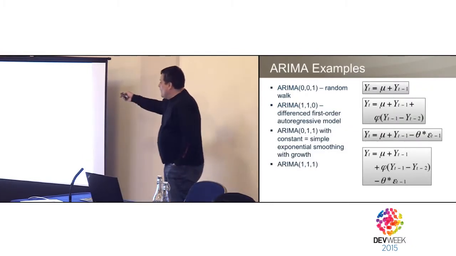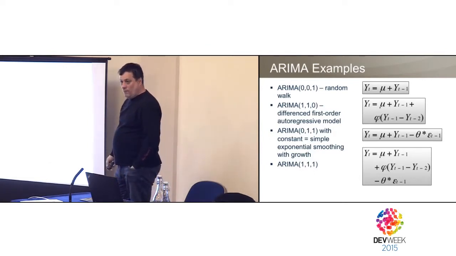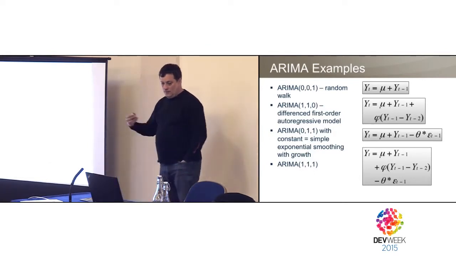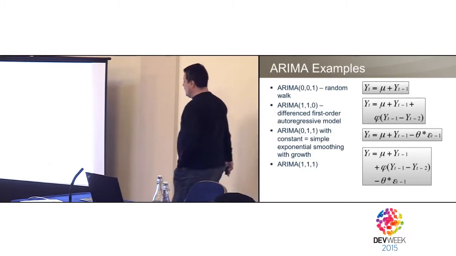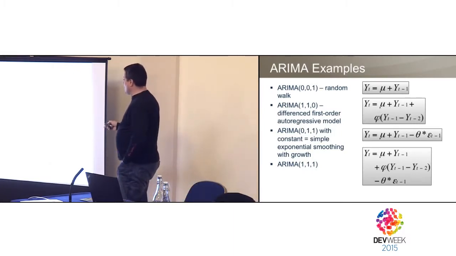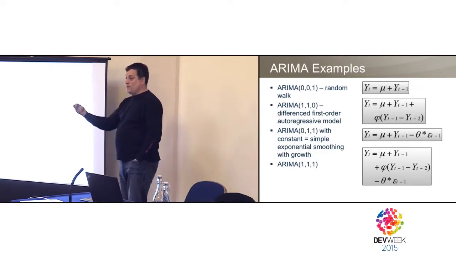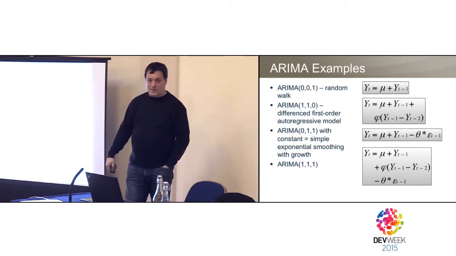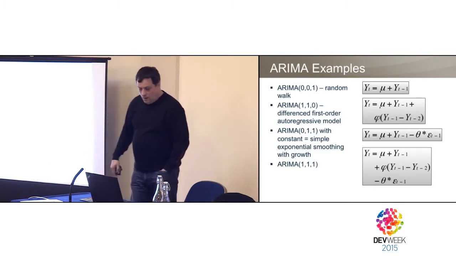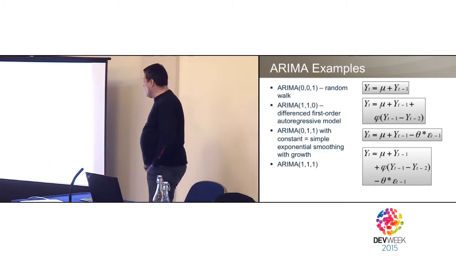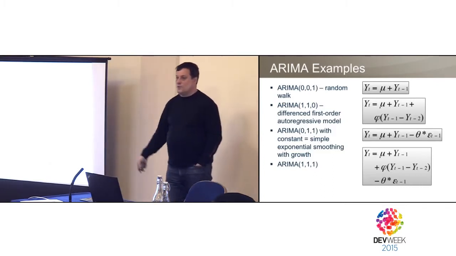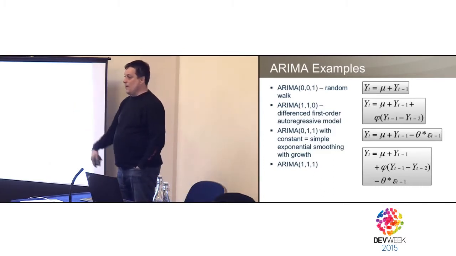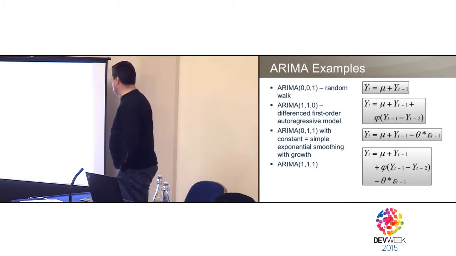So now we have a family of algorithms or family of formulas. Some of them even have names. So ARIMA 001: in every time point, I'm just adding a random error, so it's a random walk. Or ARIMA 110: I'm not taking care about errors, but I'm using one previous time point for difference and one for lag.